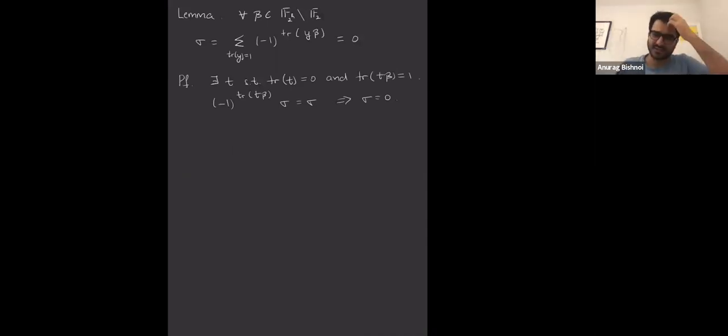And this is in fact a nice exercise in finite fields. So if you take any element beta outside this subfield and you have this sum where you have the trace of y times beta, beta is f of x, that we saw before, then the claim is that this is 0. And the proof is sort of a standard trick if you have seen character sums or these sort of sums in finite fields.